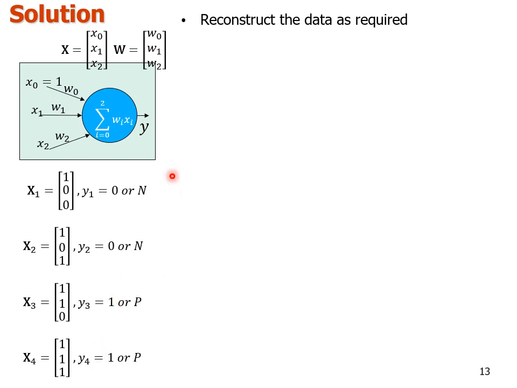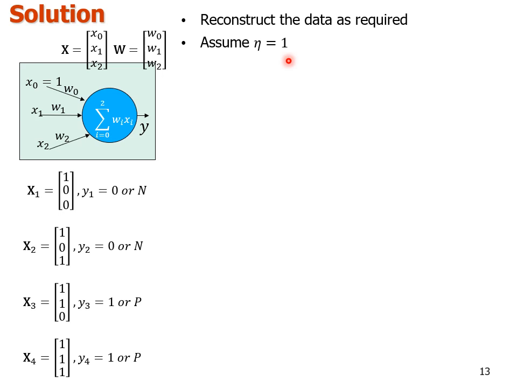Now as per the algorithm, let us assume that the learning rate eta is equal to 1. We are simplifying things just for understanding the working of the algorithm, and hence we are not picking a very small value for eta. Let's assume here for this example eta is equal to 1.